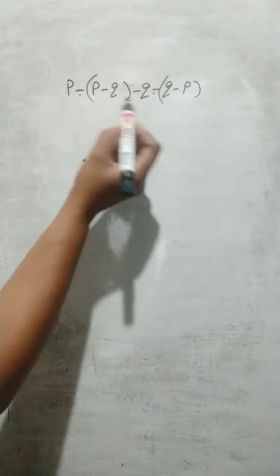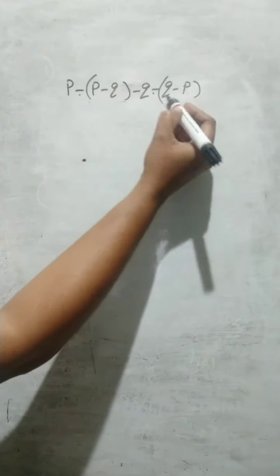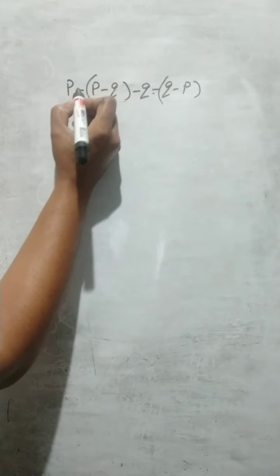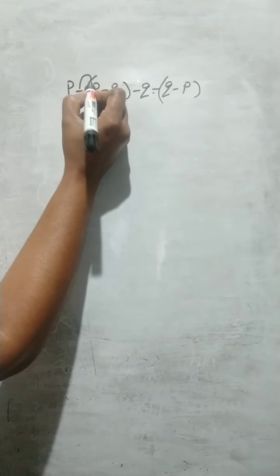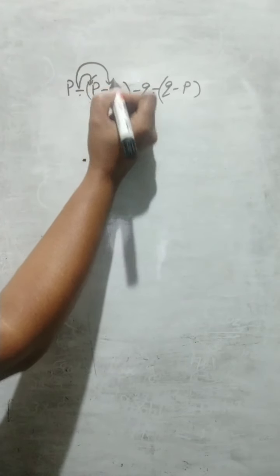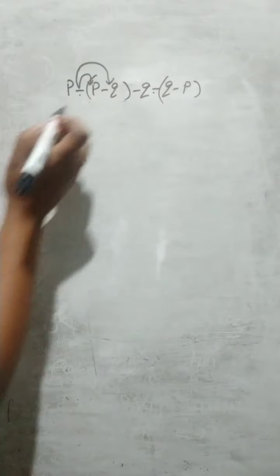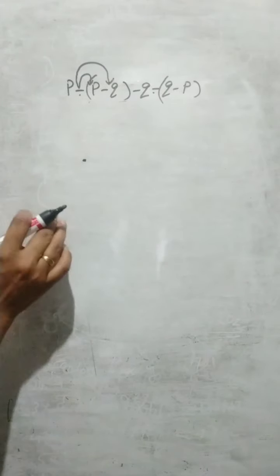We have to multiply throughout all the terms inside the bracket. With this negative we have to multiply positive P and negative Q also. So at that time we can remove the brackets. After that we have to add.